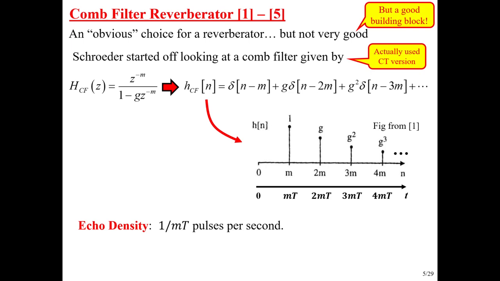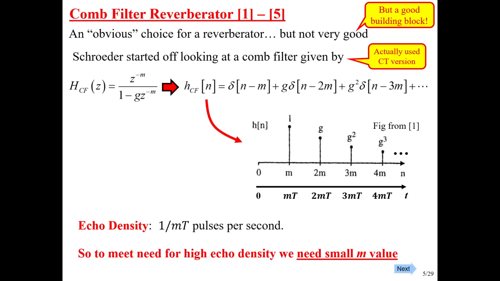Well, we're getting 1 pulse every M samples, or MT seconds. So our echo density is 1 over MT pulses per second. And so remember, we want the echo density to be high, and since that echo density is reciprocally related to M, we need a small M value that will make these things closer together. So that's what we want.